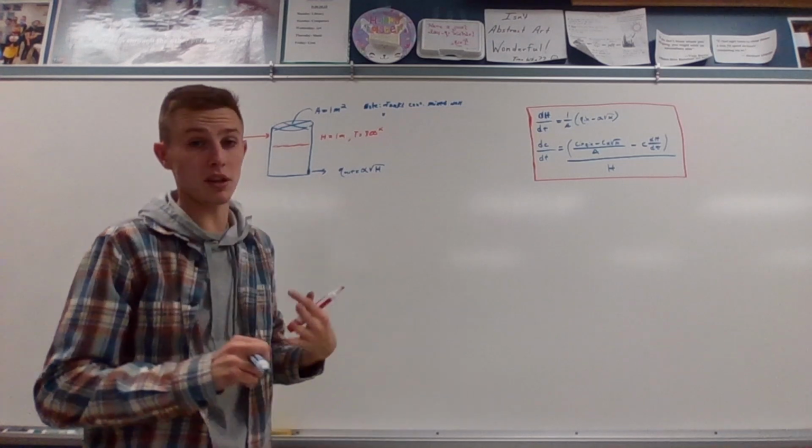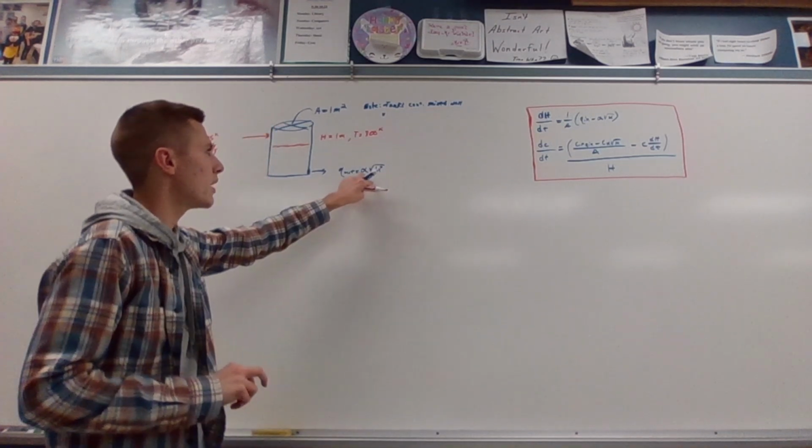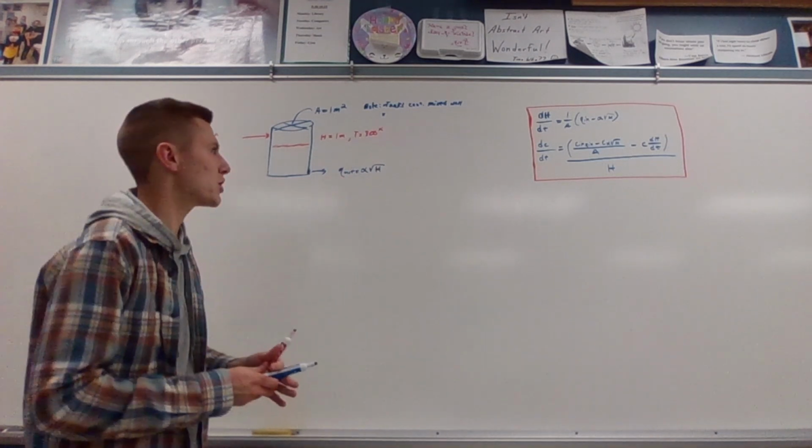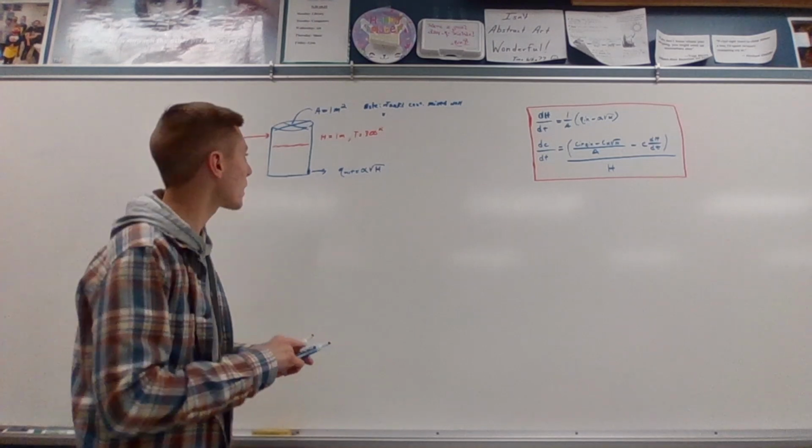But for this, we're going to be doing a derivation. So to make it easier on ourselves, we're just going to leave things in terms of their variables. And when we get onto the coding, we can actually start using the actual values. We'll get onto that later.